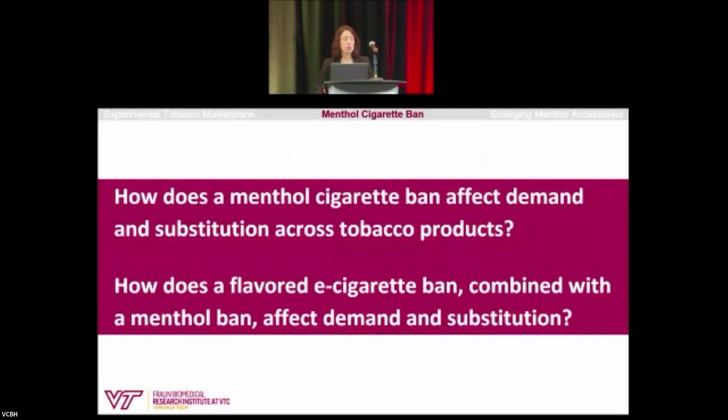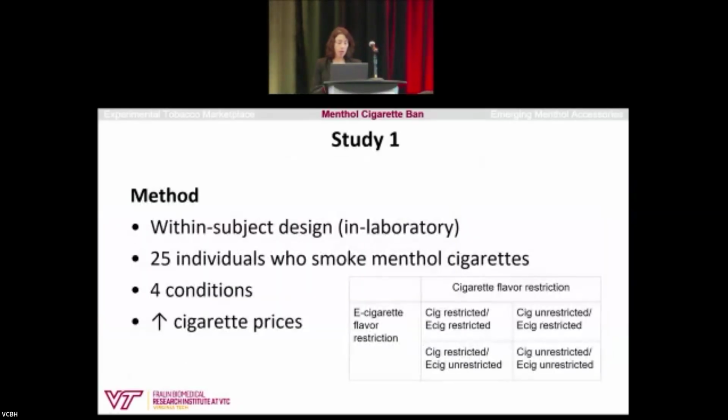So our first question was how a menthol cigarette ban would affect demand and substitution across products. We also wanted to see how an e-cigarette flavor ban alone and combined with a menthol ban might influence those patterns. So in this first study, we used a within-subject design to conduct an in-lab study in a group of 25 individuals who smoked menthol cigarettes.